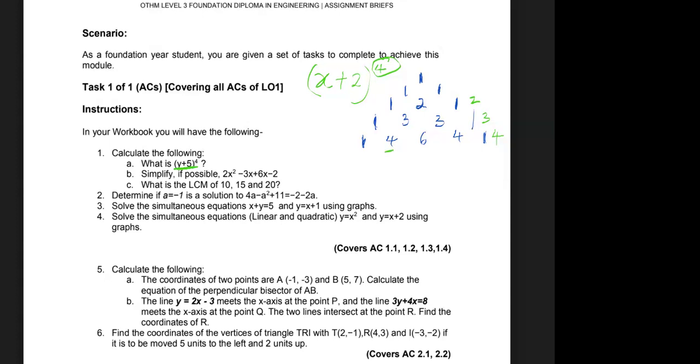You can see the 1, 4, 6, 4, 1. It's a lot more straightforward for you. Just put that down: 1, 4, 6, 4, 1.